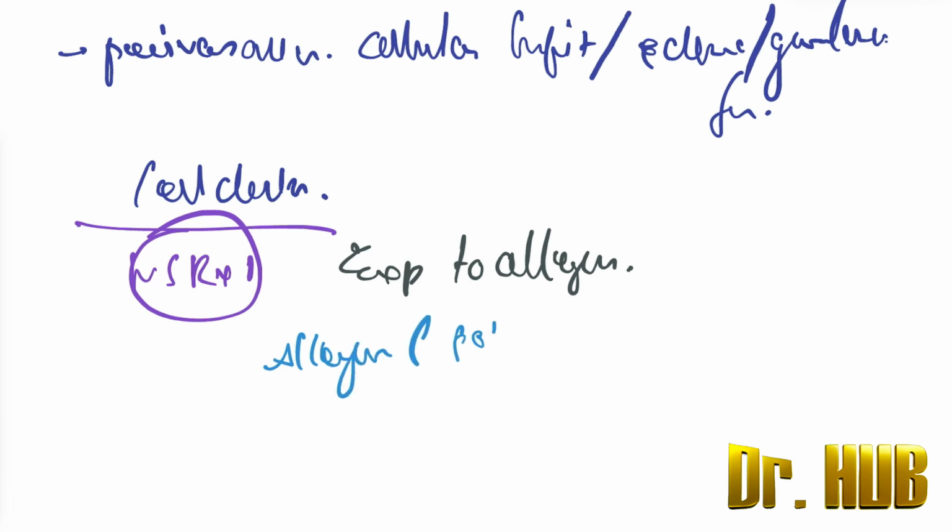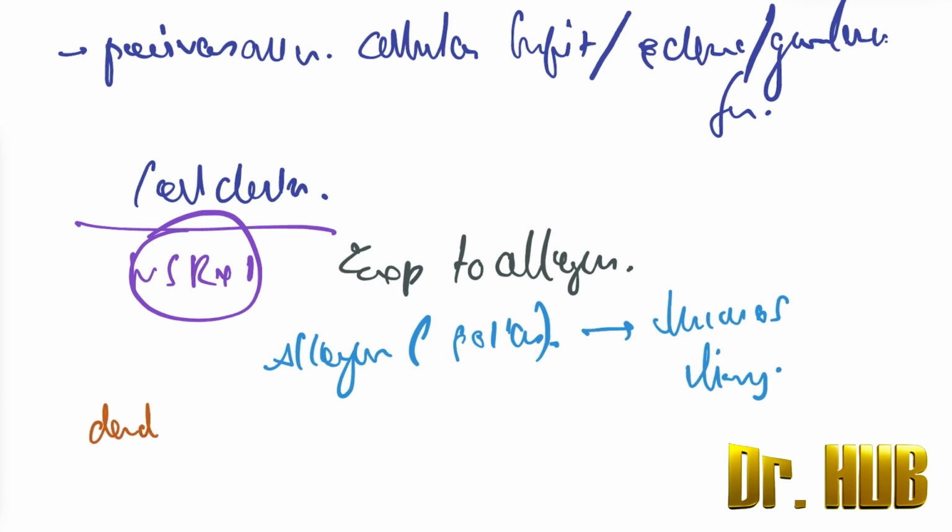For example, we are taking pollen. This acts on the mucous lining, and then comes the presence of dendritic cells. These allergens act upon the dendritic cells, and they also attach to the naive T cells.